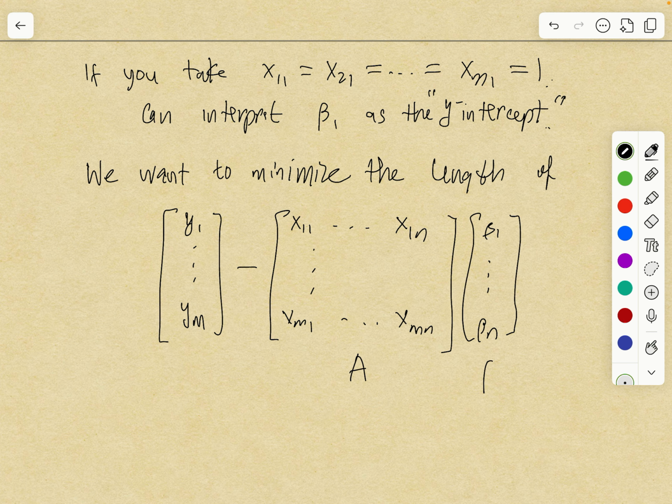So let's call that matrix A, let's call that vector beta, let's call that vector Y. So you're trying to choose this beta.